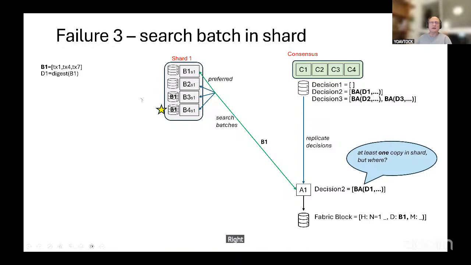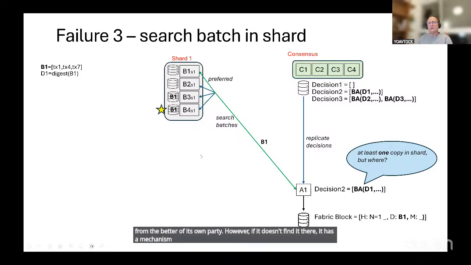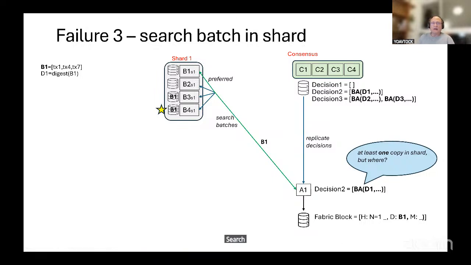And in this example, this copy is in party 3 and party 4. Now, what happens to the assembler of party 1? It will always prefer to fetch these batches from the batcher of its own party. However, if it doesn't find it there, it has a mechanism to search all the batchers in the same shard and fetch it.